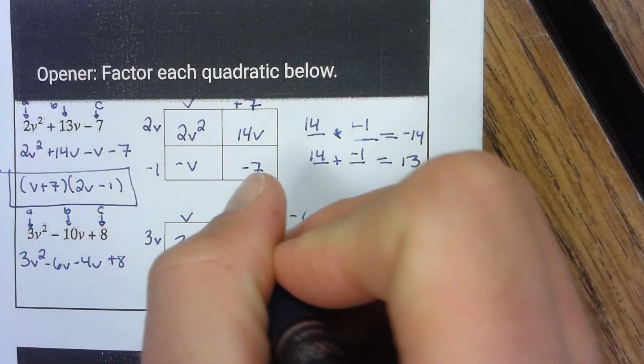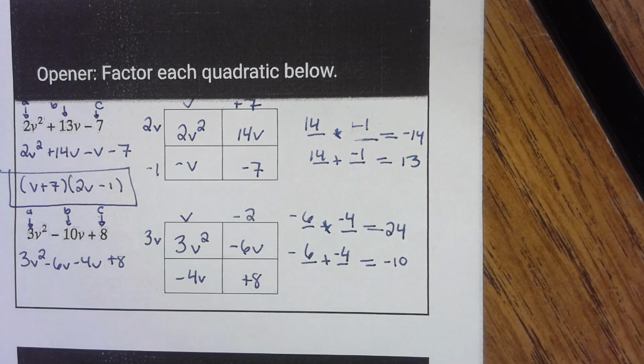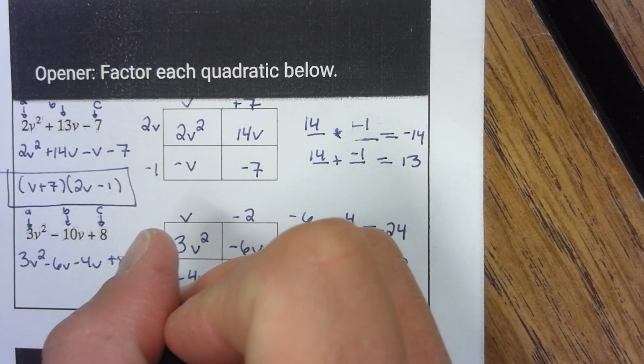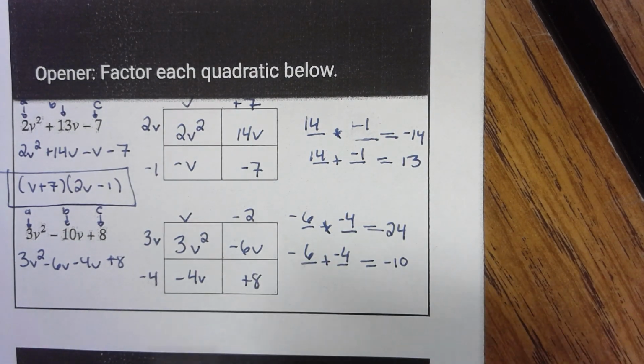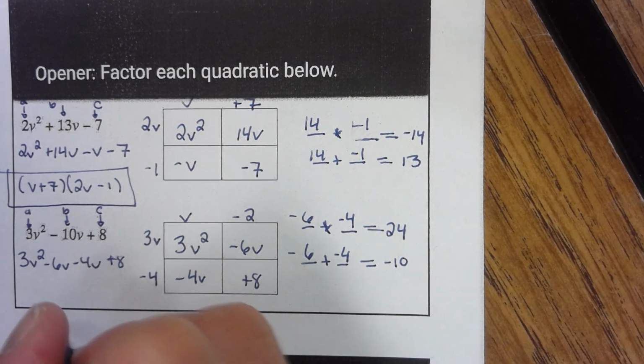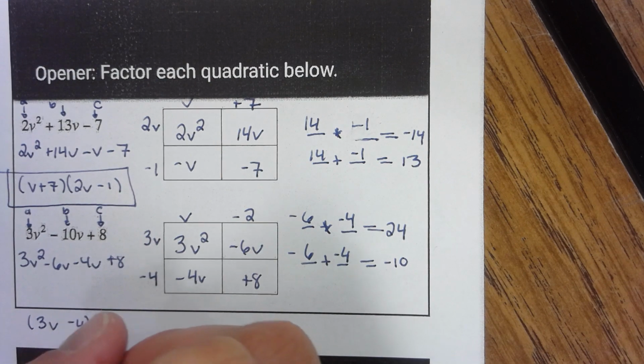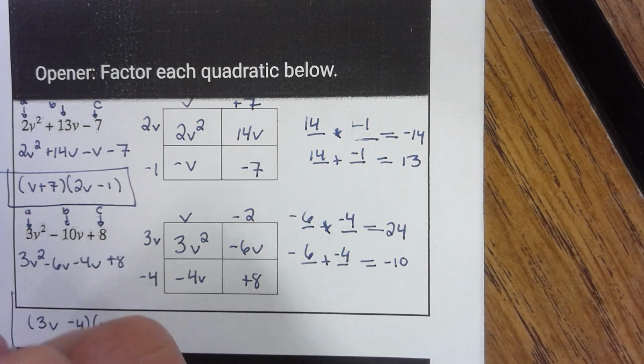So 3V times a negative 2 is negative 6V. V times a negative 4 is negative 4V, and negative 4 times negative 2 is a positive 8. And thus this factors to 3V minus 4 times V minus 2.